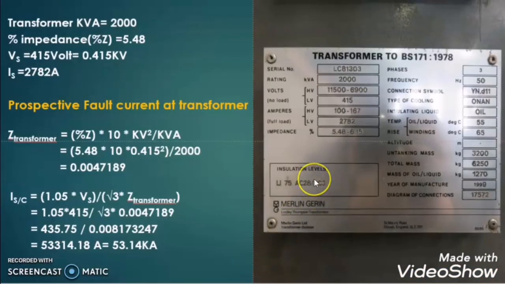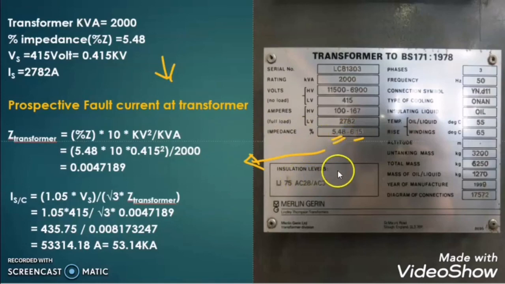Here I want to highlight one important point, that if the percentage impedance is lower, then the prospective short circuit fault current in the system will be higher. That is why I have chosen the lower value of the transformer percentage impedance to have the worst case. If I calculate the prospective short circuit current of the electrical system with the value of 6.15, we will get a comparatively lesser prospective short circuit current than when I calculated with the value of 5.48.